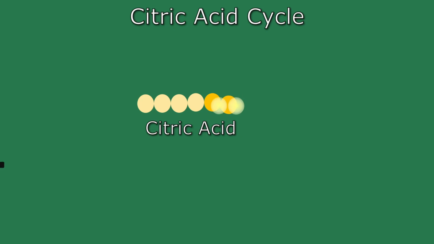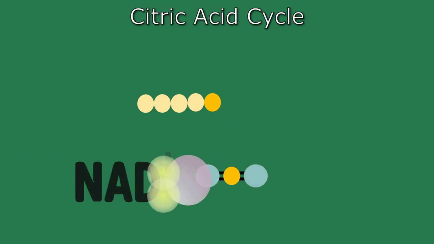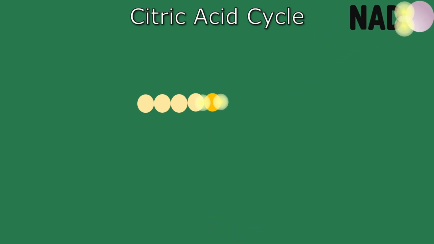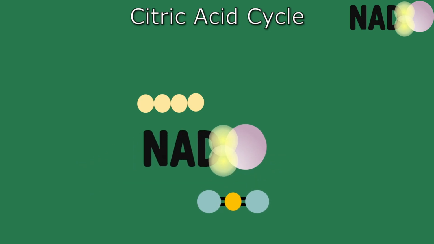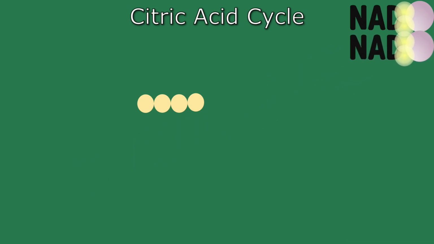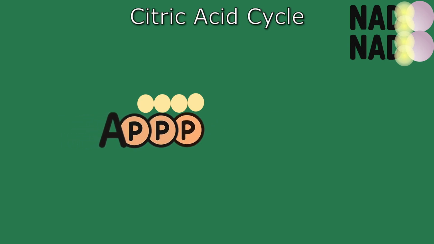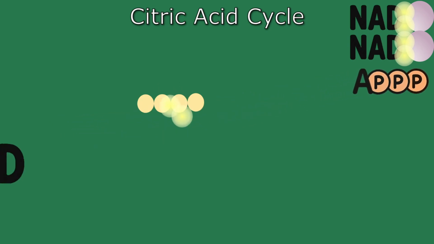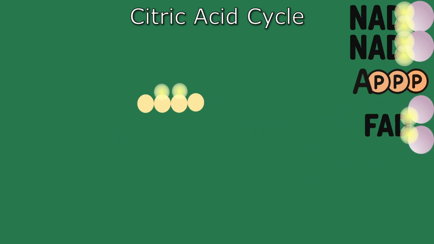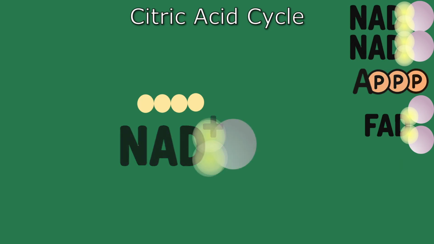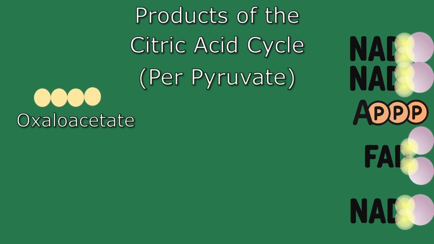From there, the carbons are oxidized to CO2 one at a time, generating 2 NADH and a 4-carbon intermediate. When that intermediate is oxidized back into oxaloacetate, an ATP is produced by substrate-level phosphorylation, and FAD and NAD+ are reduced into FADH2, and another NADH. Now, oxaloacetate is ready for another round.